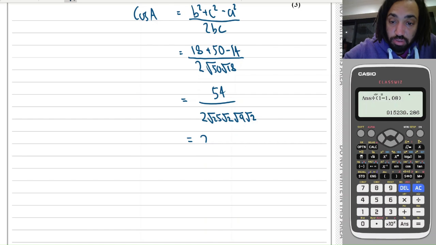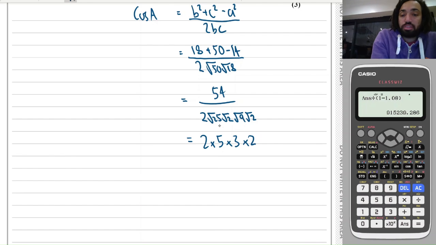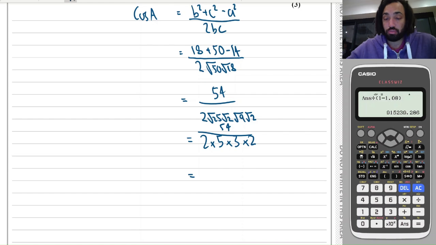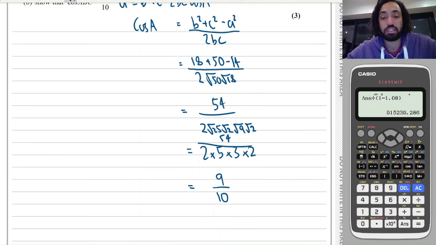And so root 25 is 5, obviously, and root 9 is 3, and root 2 times root 2 is 2. So that's helpful. Oh, whoopsie, that's 54. So that's going to simplify down to 9 over 10, because you can take out a factor of 6 off the top and 6 off the bottom to give you 9 over 10. Fantastic.